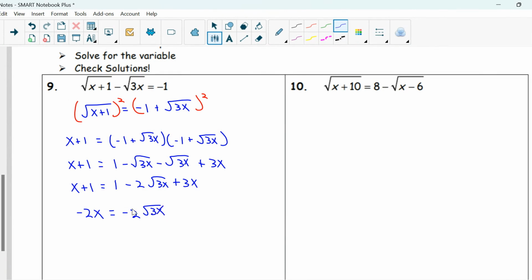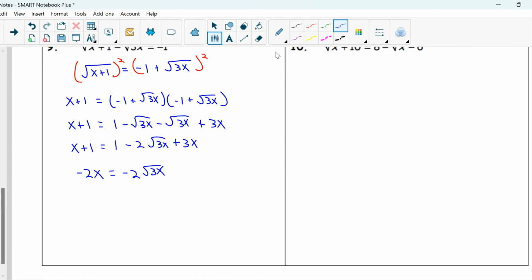Now I'm going to divide both sides by negative 2, which is just going to leave me with x equals the square root of 3x.